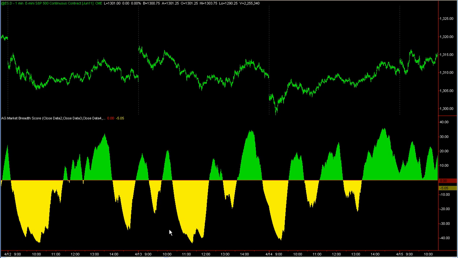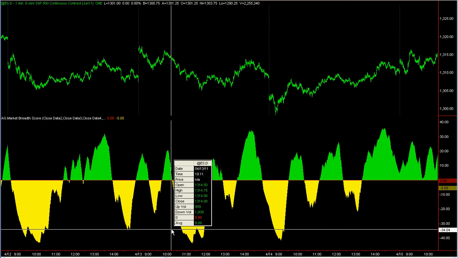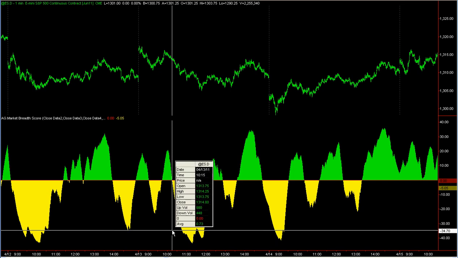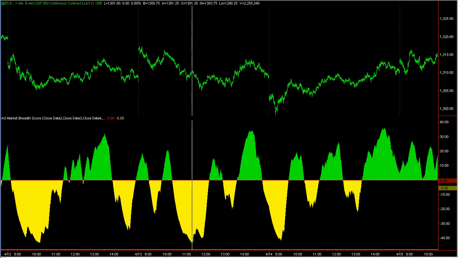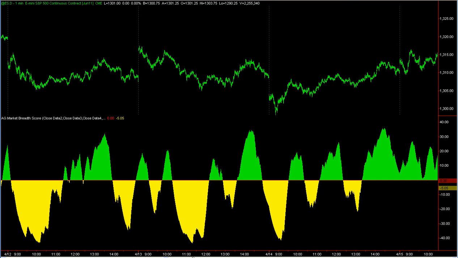But we wouldn't be long if the slope was negative. We'd be short if the slope was negative, but we wouldn't be short if the slope was positive. Okay? So it's a simple way to read the indicator and elect to trade according to the trend.